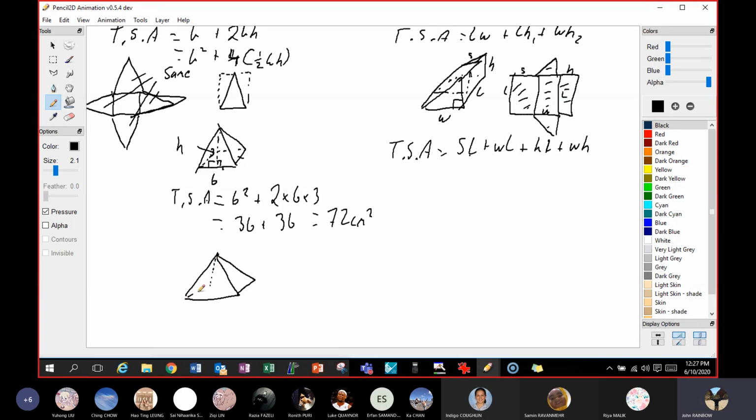Again, this is a square-based pyramid. We know that the length of this is 6 centimeters. But this time, I'm going to give you this edge. I'm going to say that this edge here is 5 centimeters.